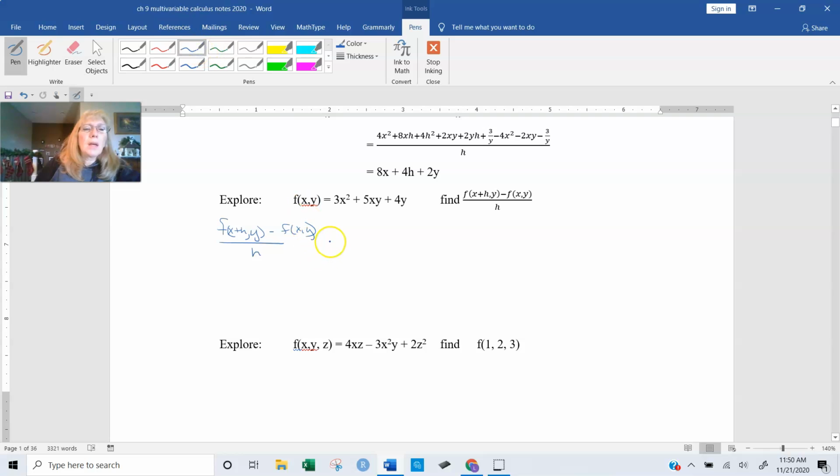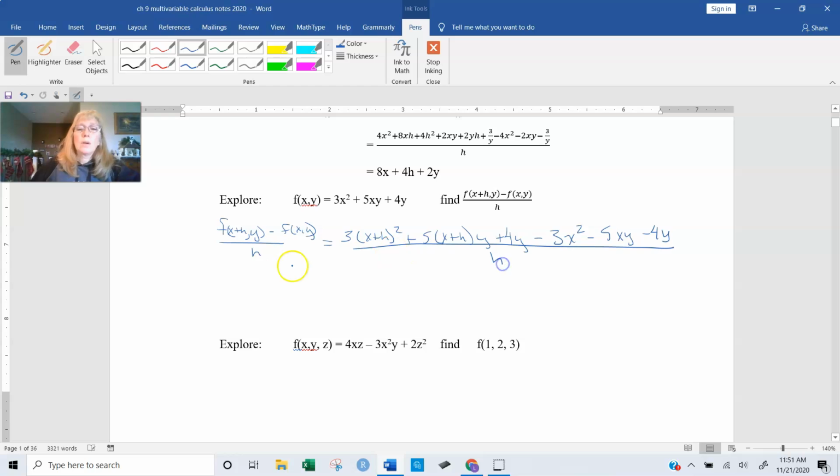So now we're going to plug in x plus h in for the x, plus 5 times your x plus h, still times your y, plus 4y, excuse me, minus your original, so minus the 3x squared, minus the 5xy, and minus the 4y. Of course, all of this is divided by h. So do your squaring and multiply by 3.